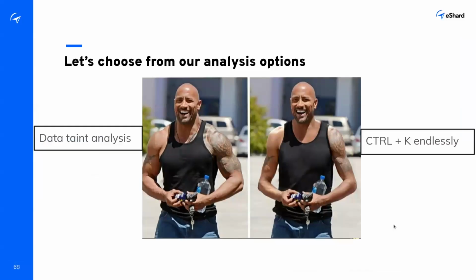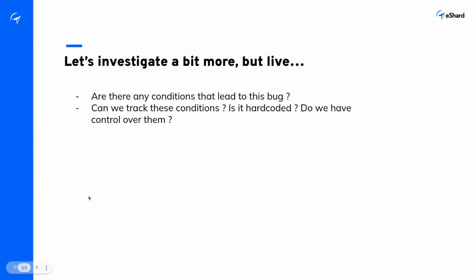We can either use the history of access selection endlessly until we find a culprit, or use the data taint analysis. So in the next few minutes, we will use that data taint analysis. But we will not just redo the analysis. We want to understand more about this crash.